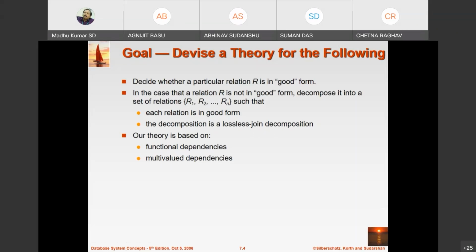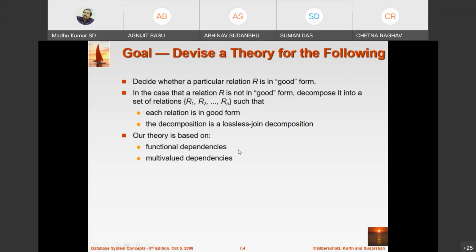And second, none of the functional dependencies should be lost because of the decomposition of a table.